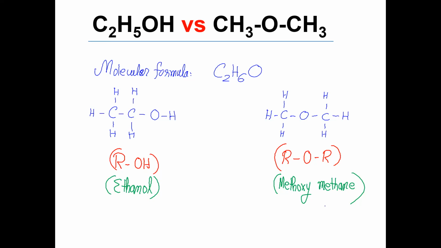Okay, have you copied? Good. After copying, can you tell me what did you get from this example? One compound is an alcohol and one compound is an ether. The names are not important, but the molecular formula is the same, C2H6O, but definitely their properties will be different.